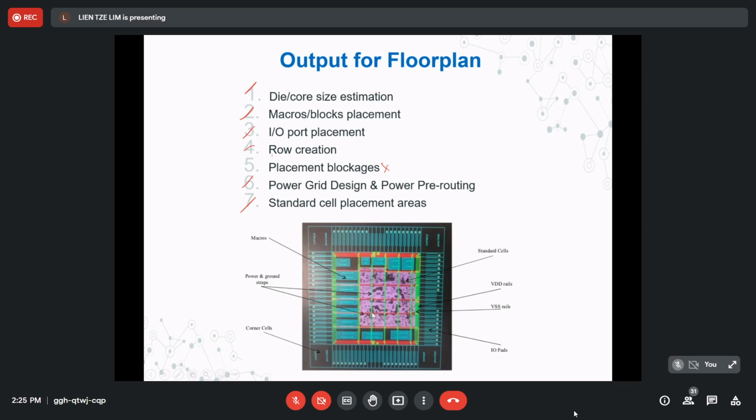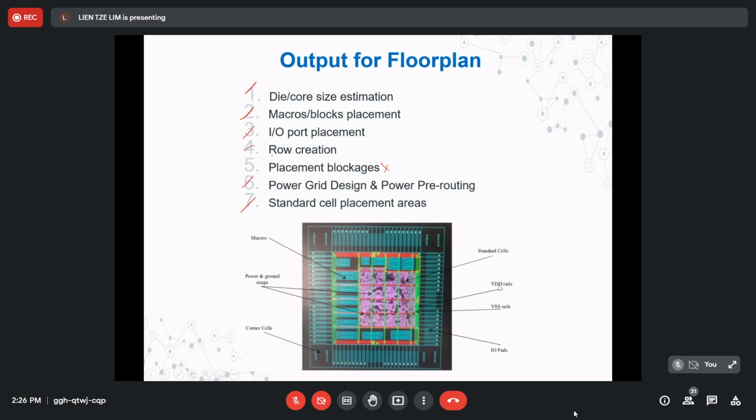Sometimes we also call it power and ground routing. Then corner cells means this part at the corner. There are four corners here, so we call these four corner cells. And then standard cells, which is actually the middle one. All these are standard cells.